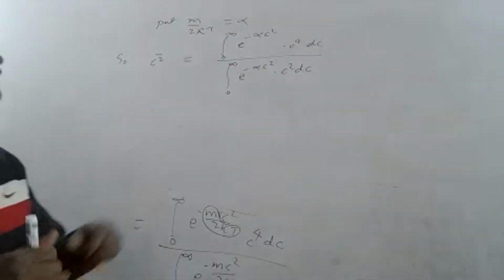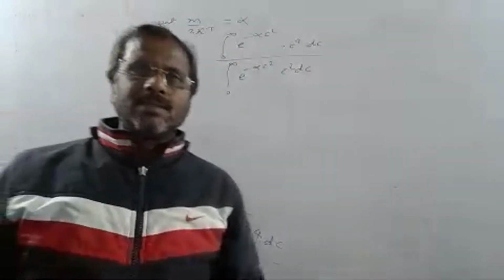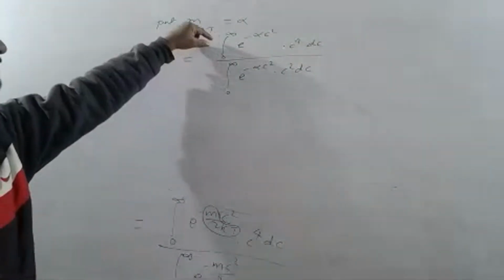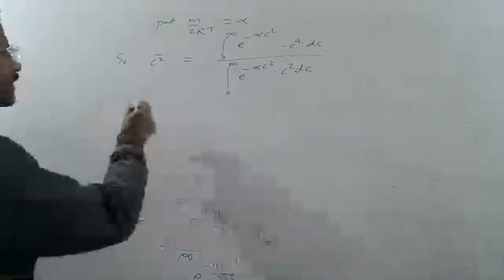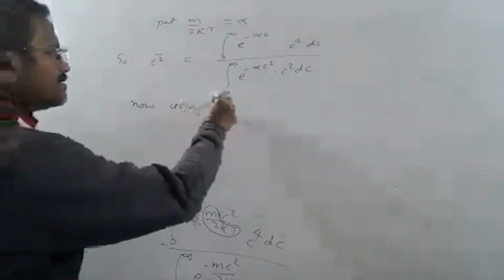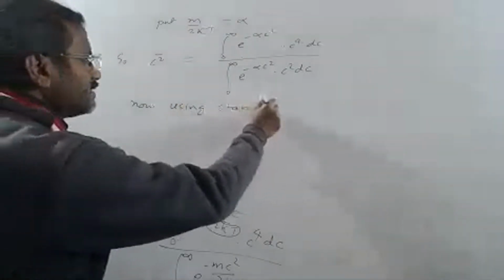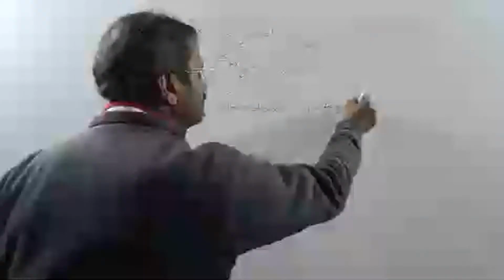See here, this is like a standard integral. So we use this standard integral and we can write the direct values of that standard integral. So by using a standard integral, what is this?